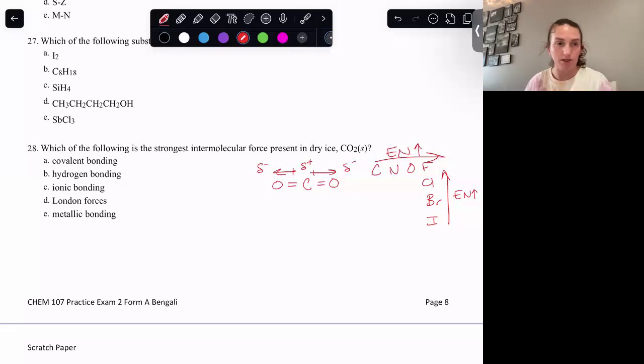What is the shape of carbon dioxide? What is the shape of that structure? Great. Yep. So this is a linear molecule. So what happens to those dipoles?